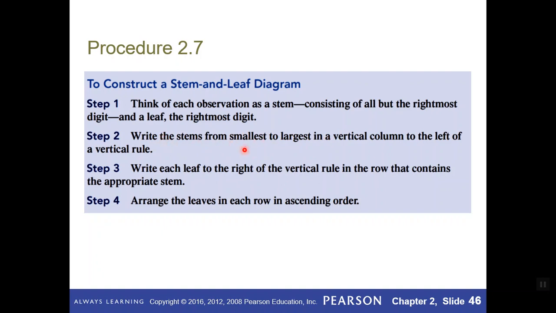Always write the stems in an increasing pattern. Then write each leaf to the right of the vertical rule in the row that contains the appropriate stem. At the end, arrange the leaves in each row in ascending order.